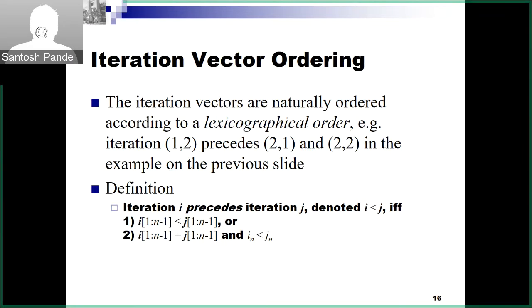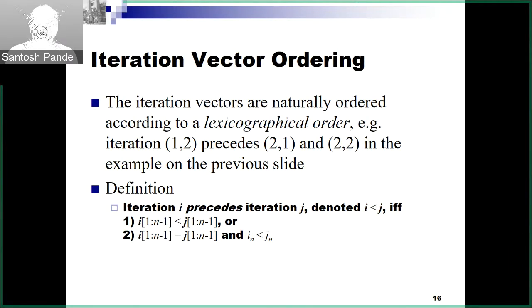So the important thing here about all these dependencies and the relationships to the iteration vector is the order in which they occur, as I was mentioning. And you can see that in the previous slides, we had enumerated that order.